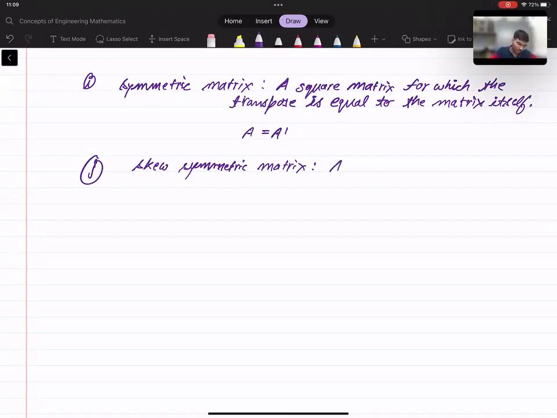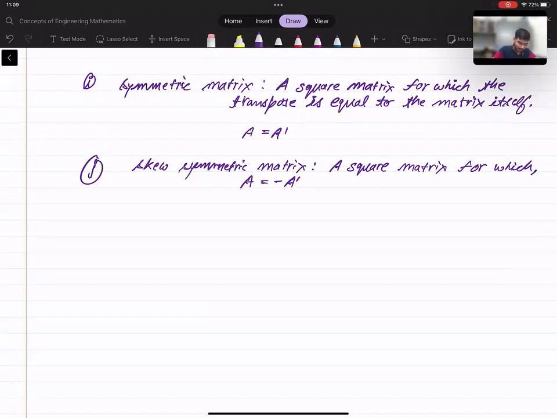So a square matrix for which A is equal to minus A transpose. Also remember the diagonal elements of a skew symmetric matrix will always be either 0 or complex.